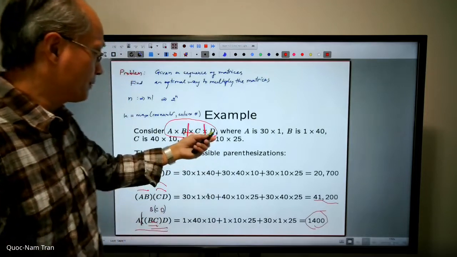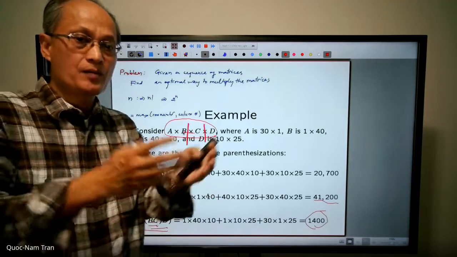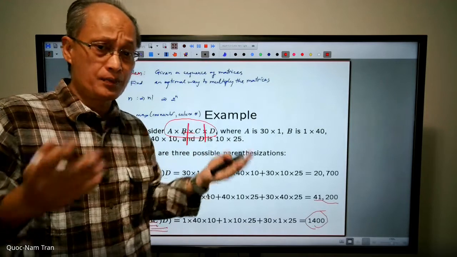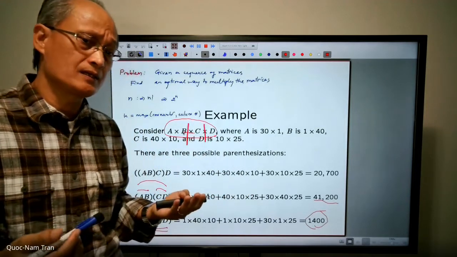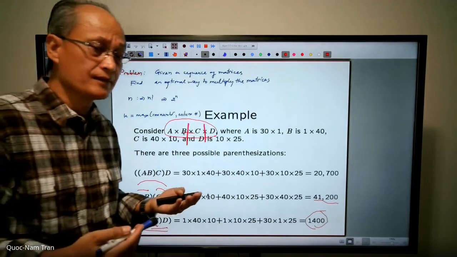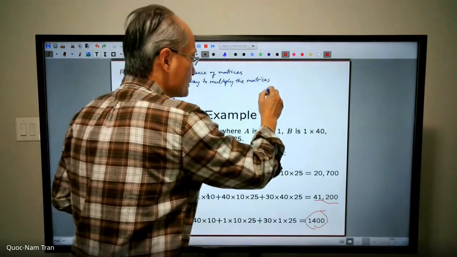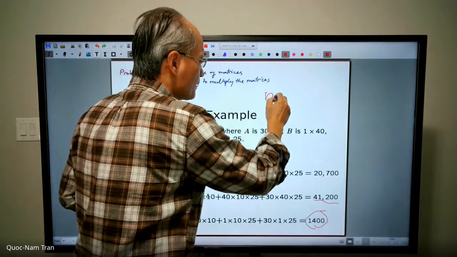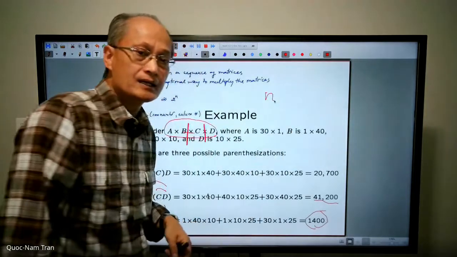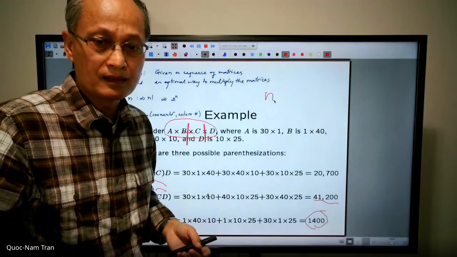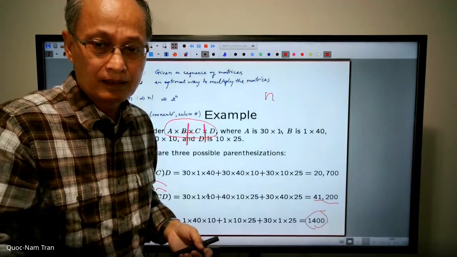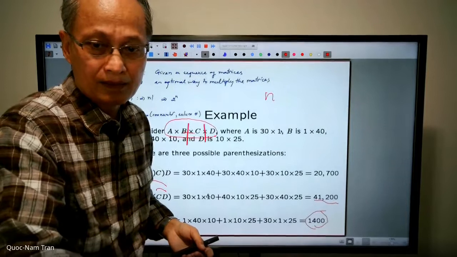You have 4 matrices, try every possible way to multiply them. So how many possible ways can we have if we have n matrices? How many possible ways can we have? Anyone?